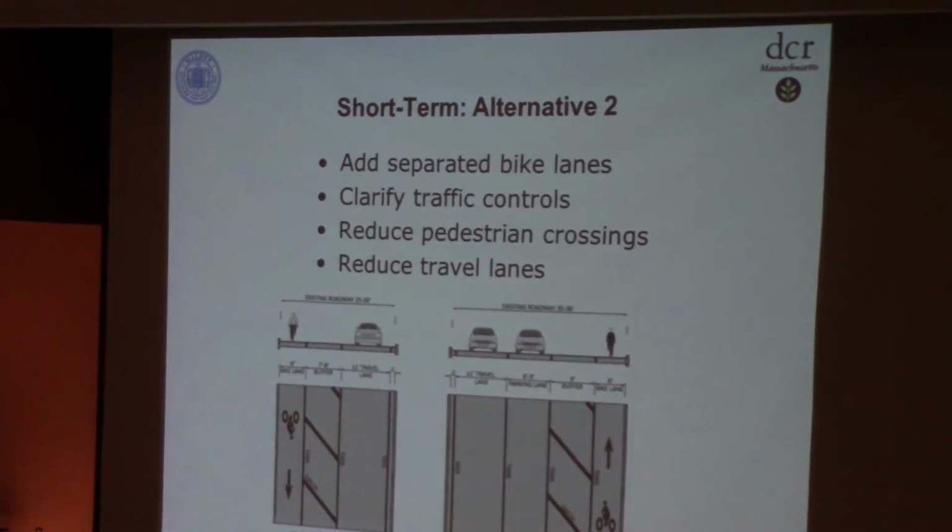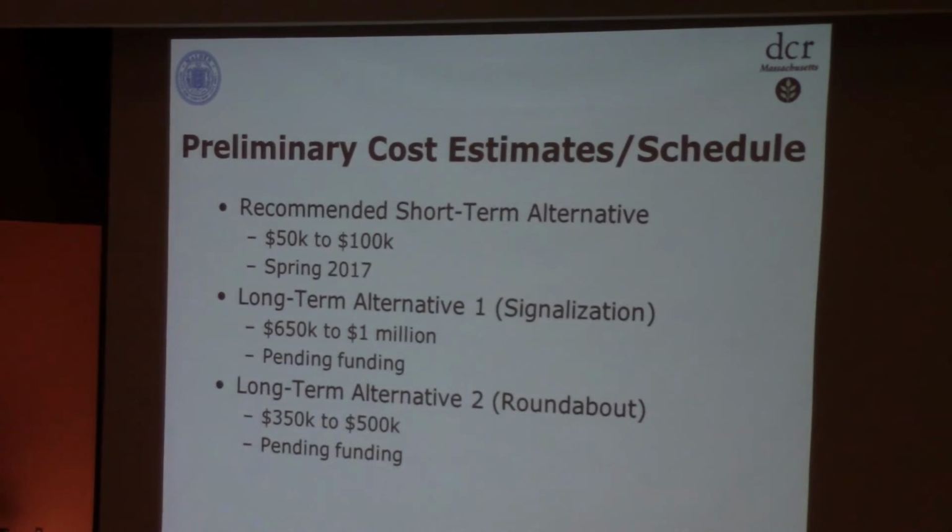If you go to the next one for the section, southbound is the same because there's no parking, so you still have your bike lane, buffer, through lane. But northbound changes, where you have through lane, parking lane, buffer, and bike lane. So those are the alternatives for the short term.